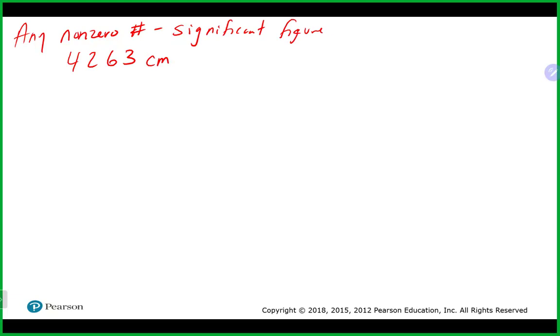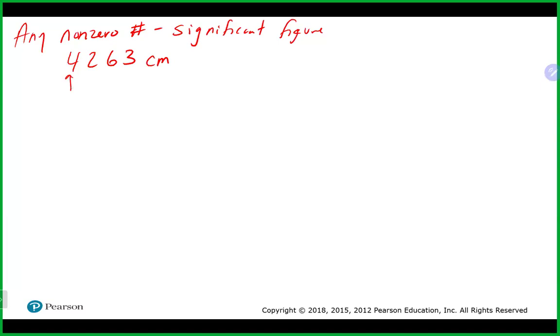Now, if we have a number like this, when trying to figure out how many significant figures there are, we always want to go left to right in the number. And you want to start counting when you hit the very first non-zero. In this case, it's pretty straightforward.